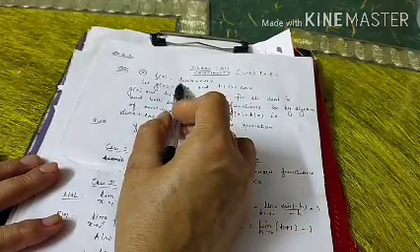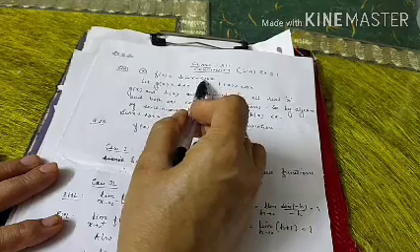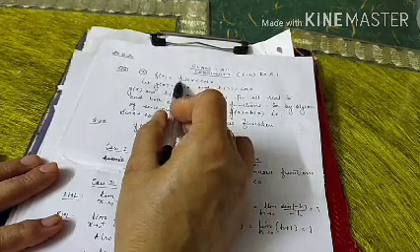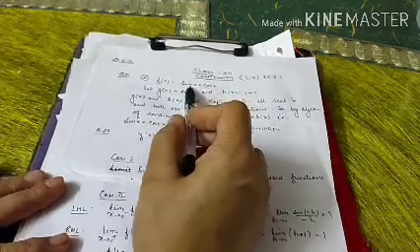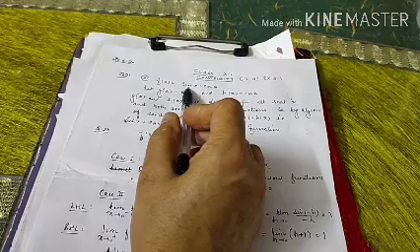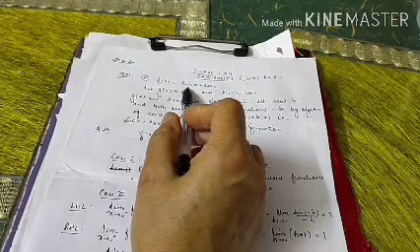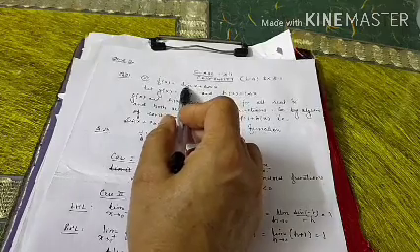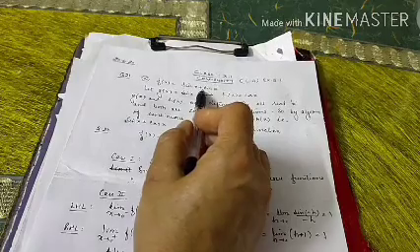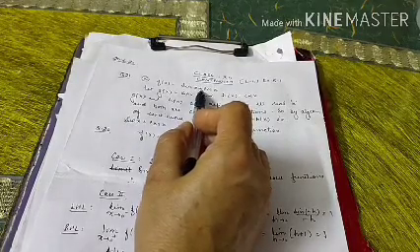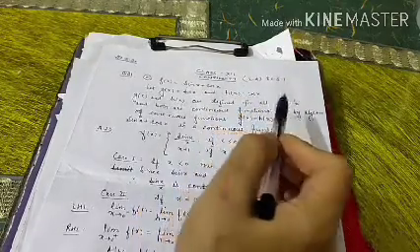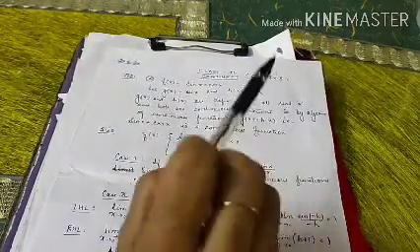Here sin x is a continuous function and cos x is also a continuous function. This we have studied in the previous video. And in the algebra of continuous functions, we know that if two functions are continuous, then their sum is also continuous. So f(x) = sin x + cos x is a continuous function.